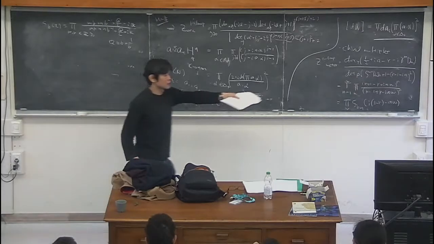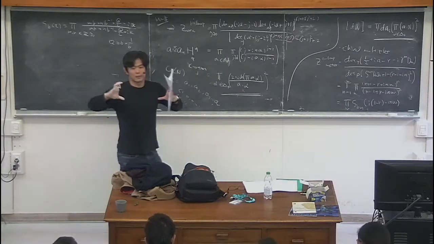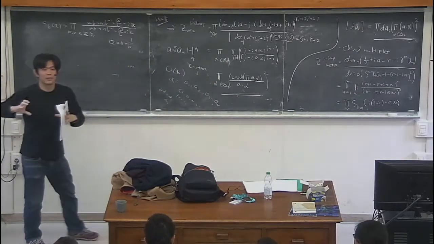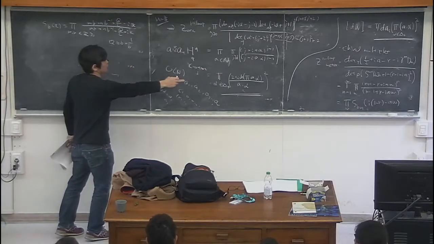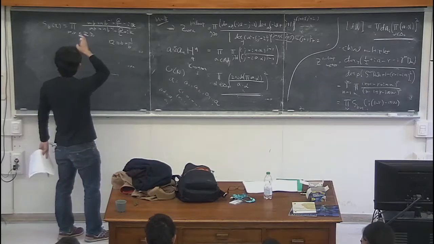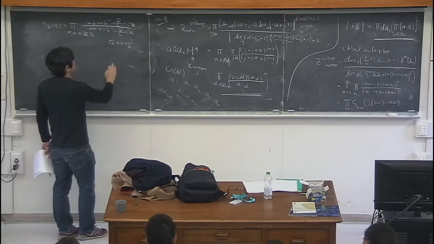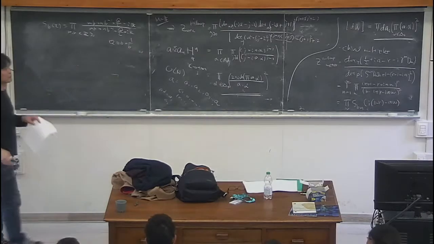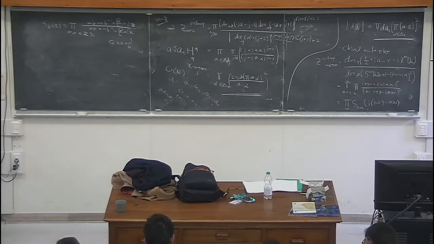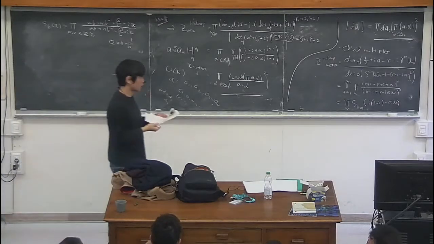Actually, if it's a squashed sphere or some ellipsoid, not the round S3, then we can have a double sine function with b not equal to 1. But here we consider the round sphere, not the squashed one. Then we have this one. So this is the result.